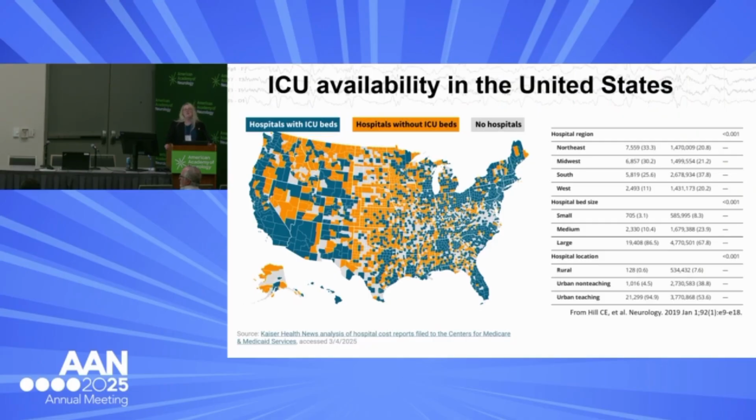And overwhelmingly, it tends to be in urban teaching facilities, with some being seen in urban non-teaching facilities, but increasingly we're seeing a growing disparity in the use of critical care EEG in rural versus urban locations. And I say this because I come from South Carolina, which is a state that has a very large non-urban population.